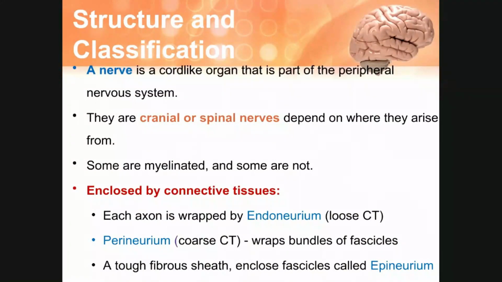What is a nerve? It's a cord-like organ that is part of the peripheral nervous system. There are 12 pairs of cranial nerves and 31 pairs of spinal nerves.